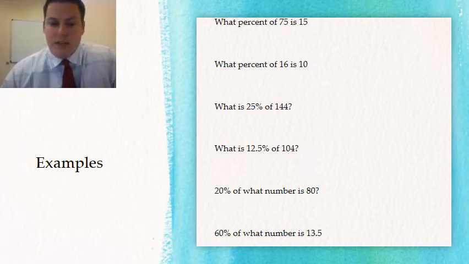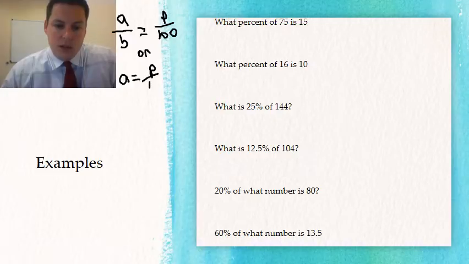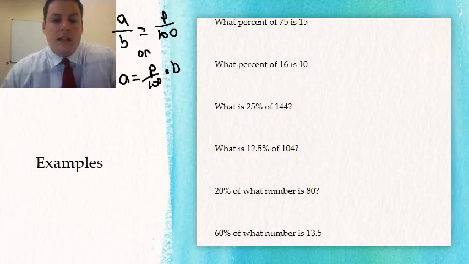All right, gang, so here we have some of our examples. Remember, we want to use the equation of part over whole equals P over 100, or part equals percent, which is P over 100, times B. Anytime we are asking for the percentage, it's easier to use the top one.